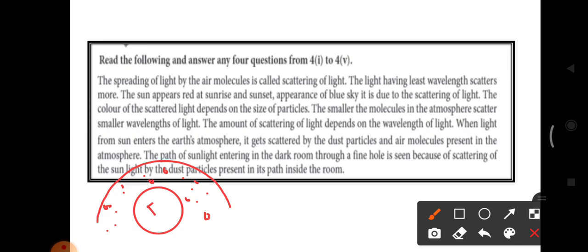So, this is the earth. This is sun. When the sunlight enters into the earth atmosphere, the light is reflected in many directions.